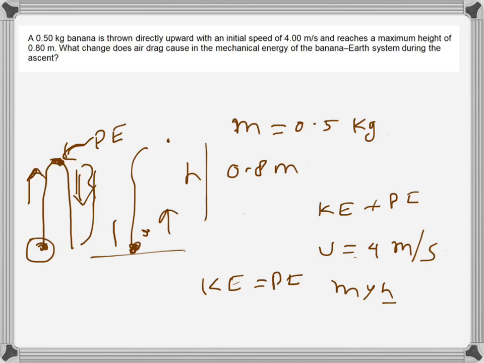So here, when it reaches its maximum height, all its kinetic energy is not converted into potential energy because of air drag. To solve this problem, we will see that the potential energy it has at maximum height is still less than the kinetic energy, and that difference will be the energy due to air drag.